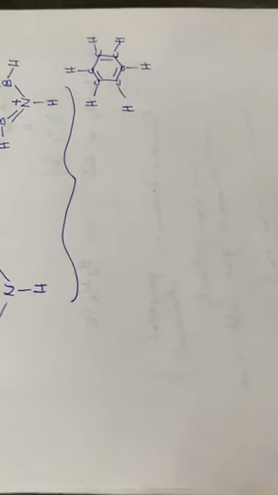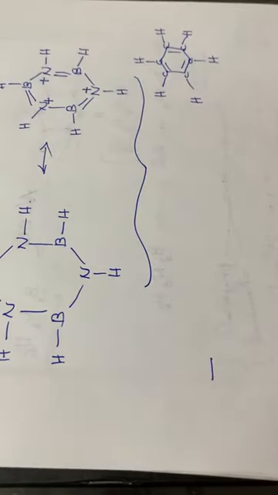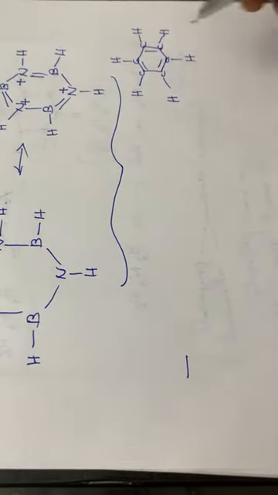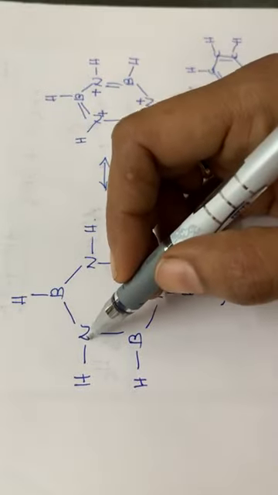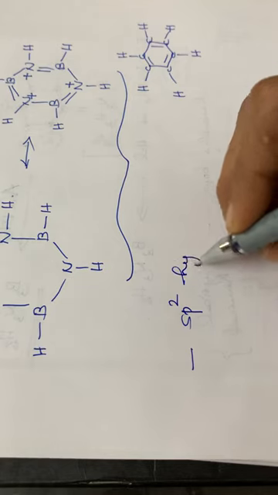Next, we can go through some of the points in the case of boracene. See here in boracene, both the boron as well as the nitrogens, they are sp2 hybridized, just as in the previous case.